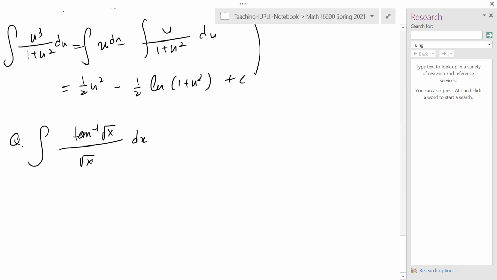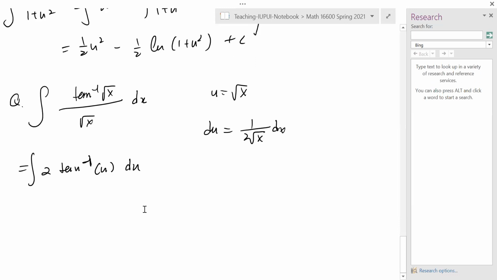The substitution is still the same. I use that first. So I end up with 2 times the inverse of tangent u.